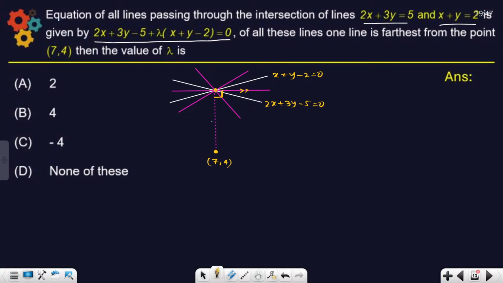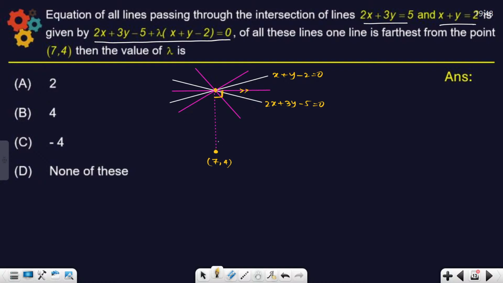Otherwise, you take any line, the perpendicular distance drawn from this point 7, 4 to that line is not the largest one. And if it is not the largest one, it is not the farthest line from this point 7, 4.